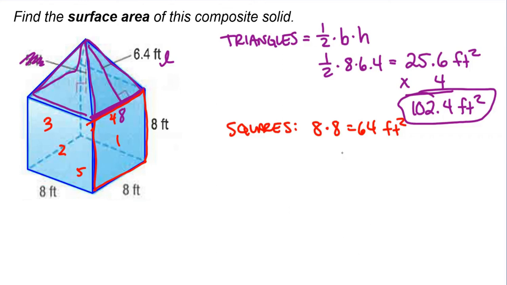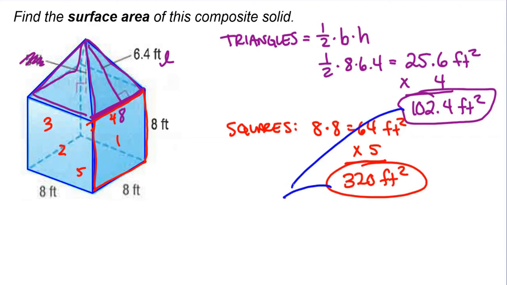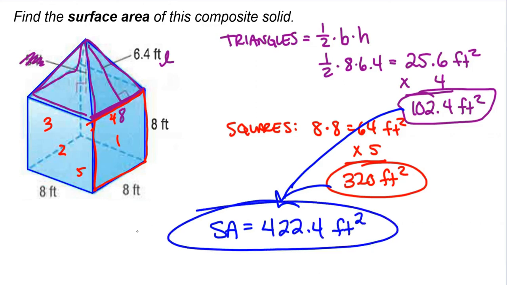There are 5 of those squares, so I'm going to take 64 times 5, which is 320 square feet. So these are all the top triangles, all the bottom squares. And then we add them up to give me a total surface area of 422.4 square feet.